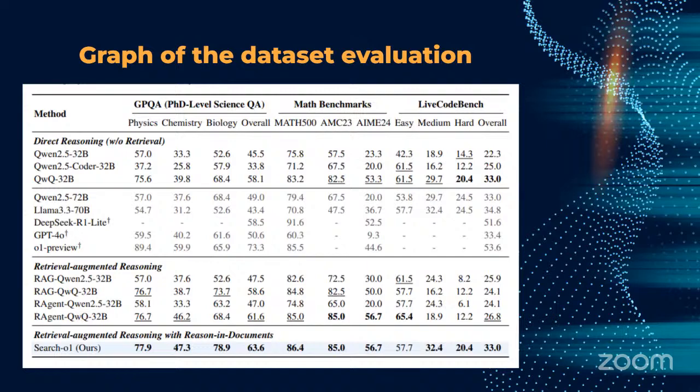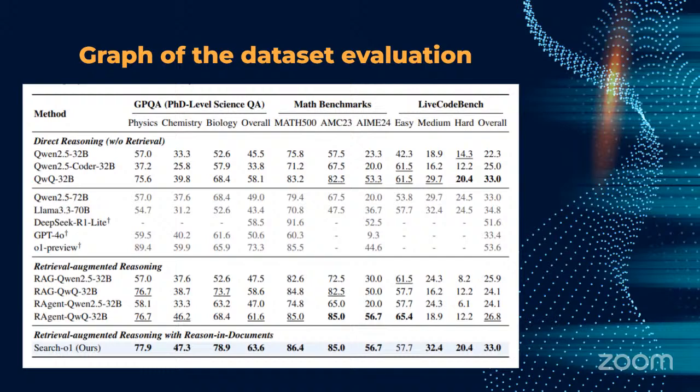It shows how Search-o1 consistently outperforms the existing models across multiple datasets. These are the datasets that we tested: the GPQA, the math benchmarks, as well as the LiveCodeBench. From science to mathematics to programming, our model delivers quite a higher accuracy compared to the other models, which proves that with smart retrieval strategies, we can get better AI reasoning.